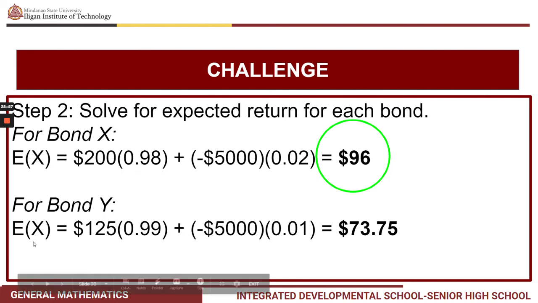And for bond Y, you will get $73.75. So, klaro naman na mas mataas yung expected na return mo sa bond X. So, it's suggested that you will invest your $5,000 to bond X. So, it's very useful to see expectation in deciding which bond to invest.